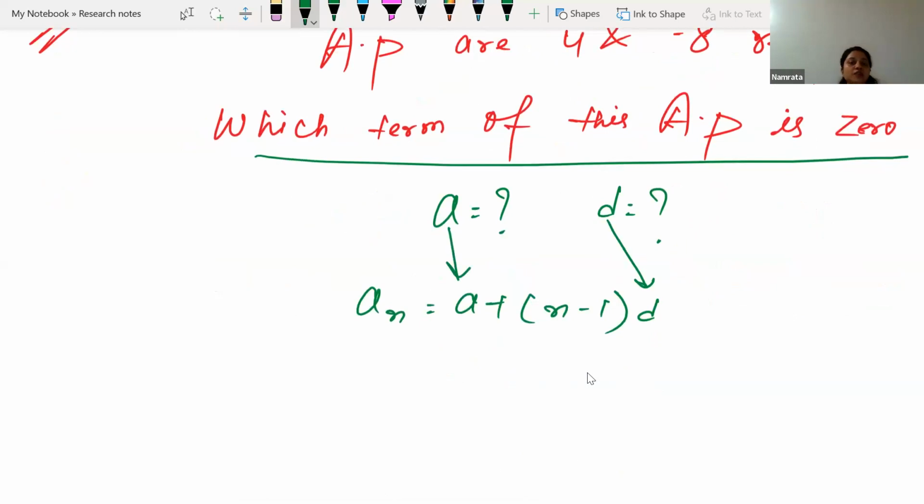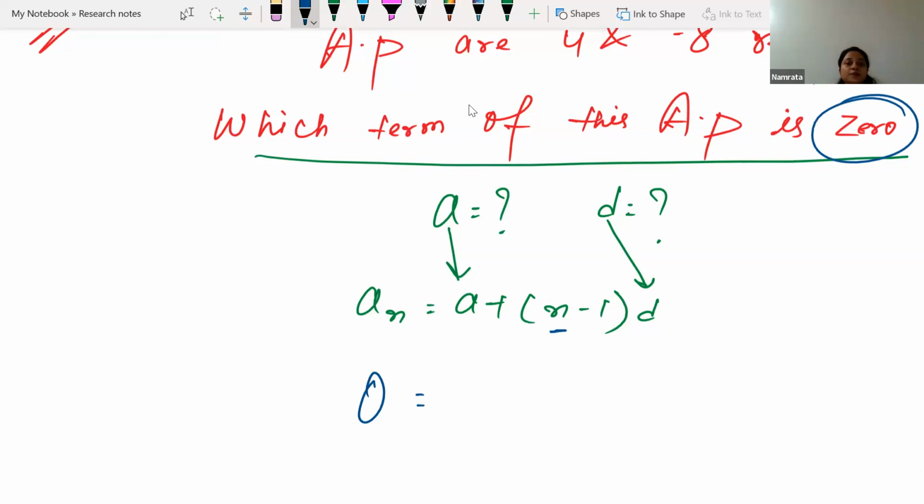What else we know already? Can I say 0? The nth term is 0. That too we know. And n we have to find from here. Which term exactly is that, right?